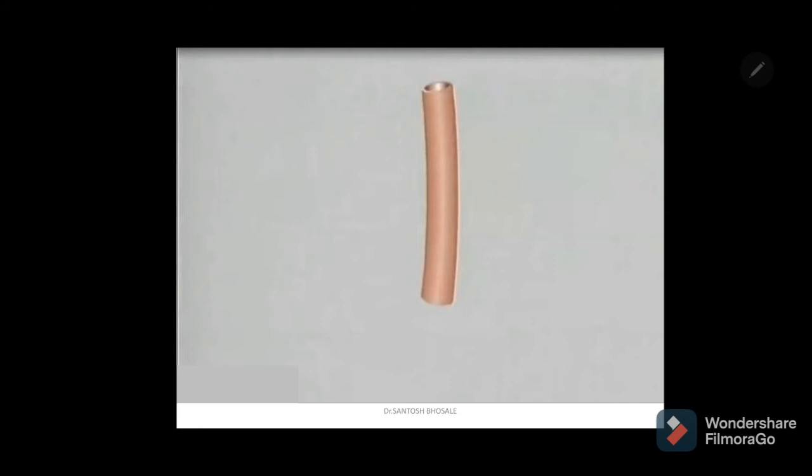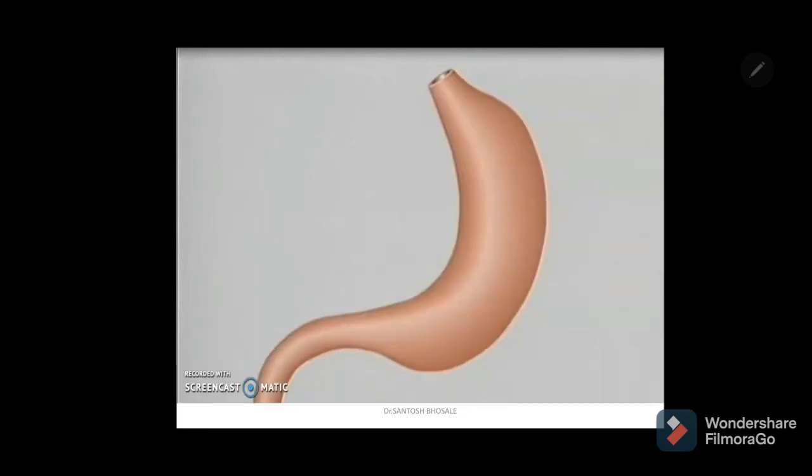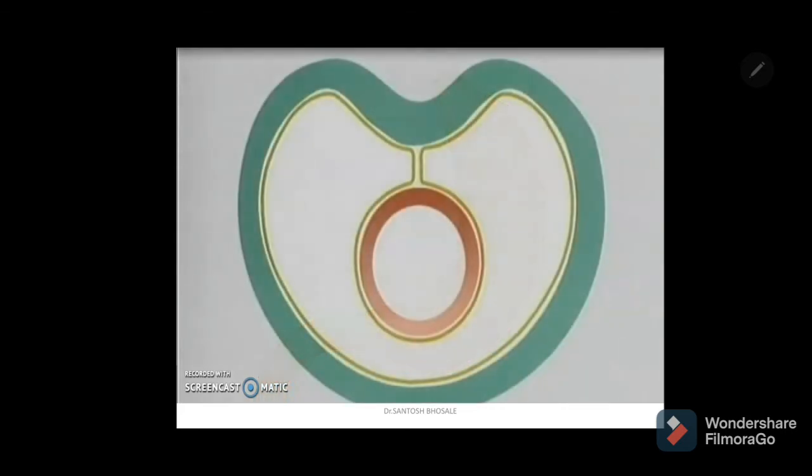So here in this video, if you see the development of the stomach, it comes from the foregut and results in the fusiform dilatation of the caudal part of the foregut. I told you most of the gut tube is suspended only by the dorsal mesentery.